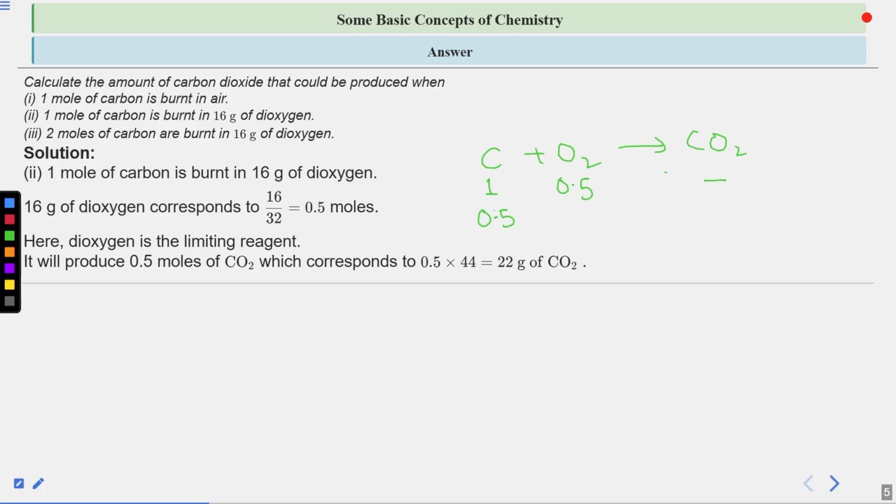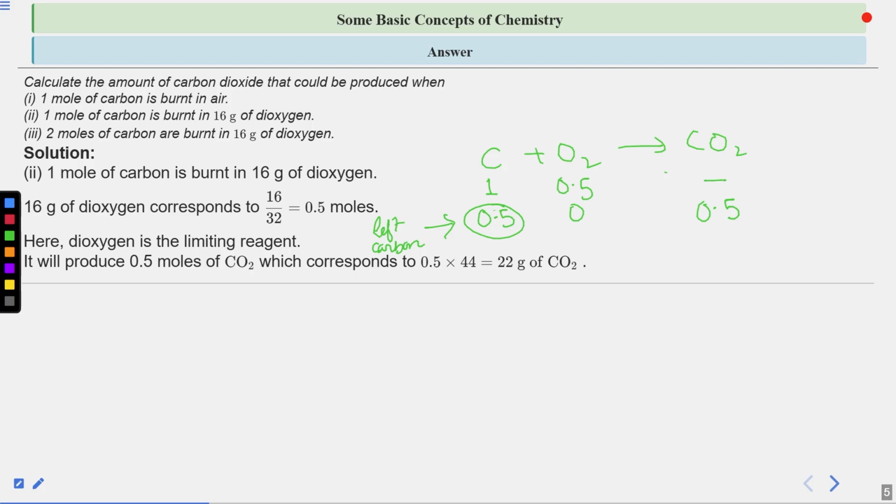So with this equation, we can say that 0.5 mole of dioxygen will react with 0.5 mole of carbon only. So 0.5 mole of carbon will be left after the combustion. Since dioxygen was present in a small amount, it will be consumed completely, and the amount of carbon dioxide produced is 0.5 mole. Is it clear to everyone?